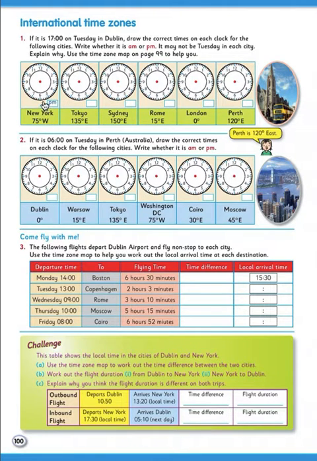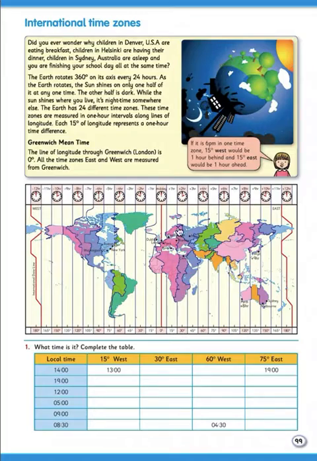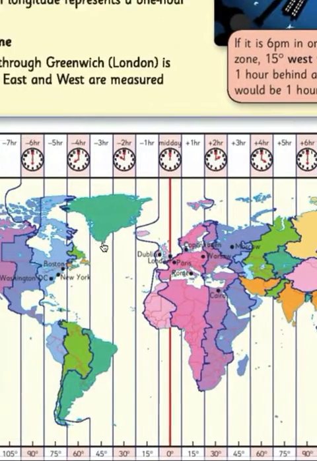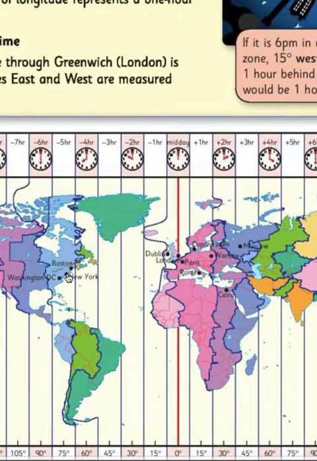And I wanted to see what the time is in New York, which is 75 degrees west. So I'm just going to go back to page 99 and I'm going to try and zoom in here. Okay, here's New York here. And I'm just going to look at the dot for New York.